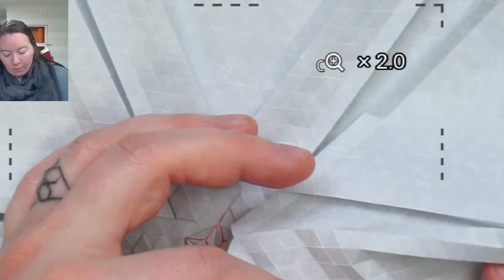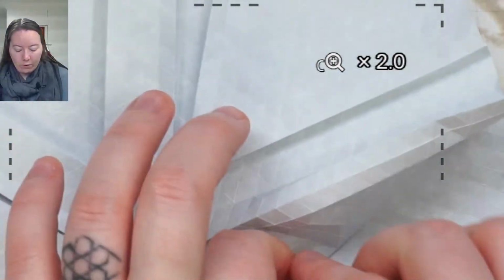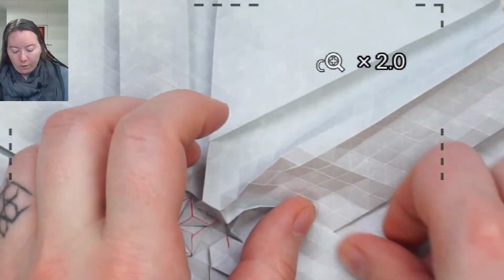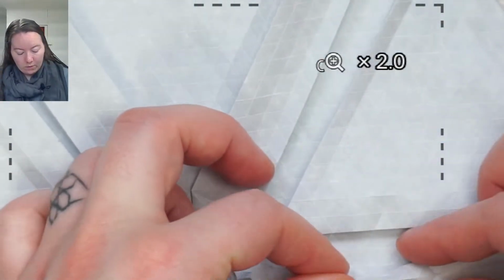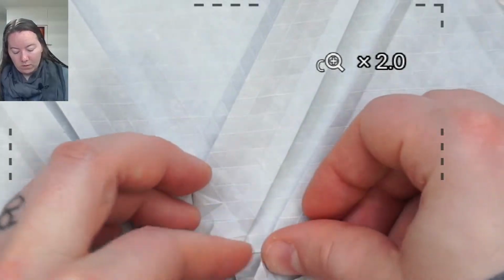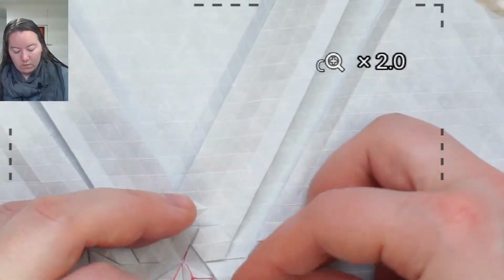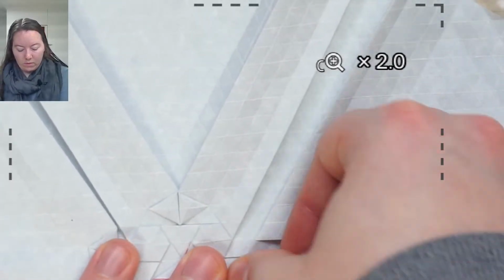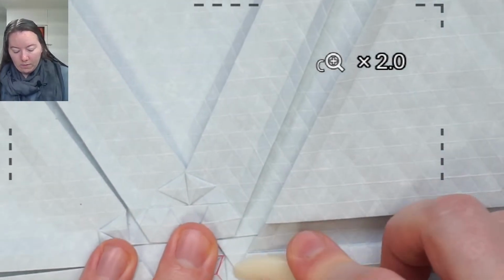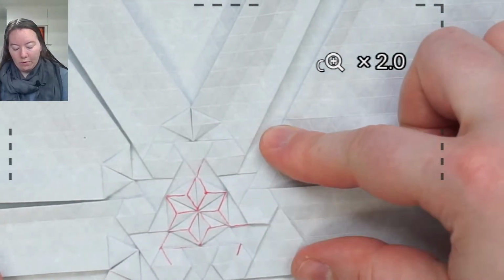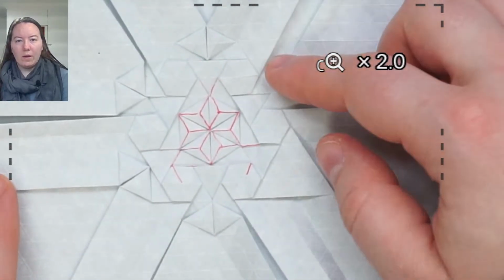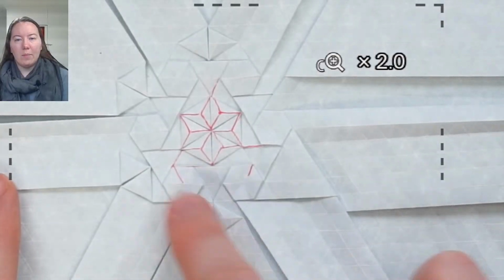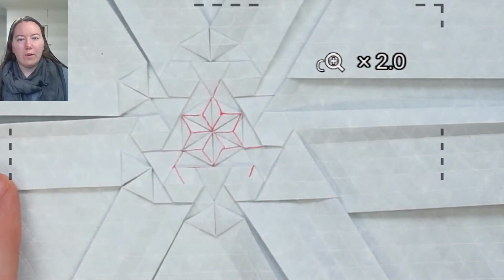So now I'm turning that half hexagon tube into a full hexagon twist. And I have now 2 pleat overlaps that need their pair of triangle twists.